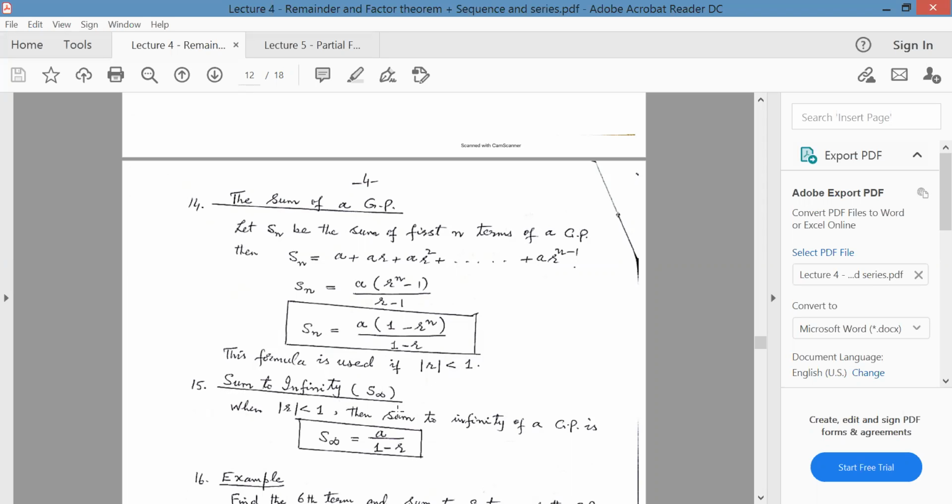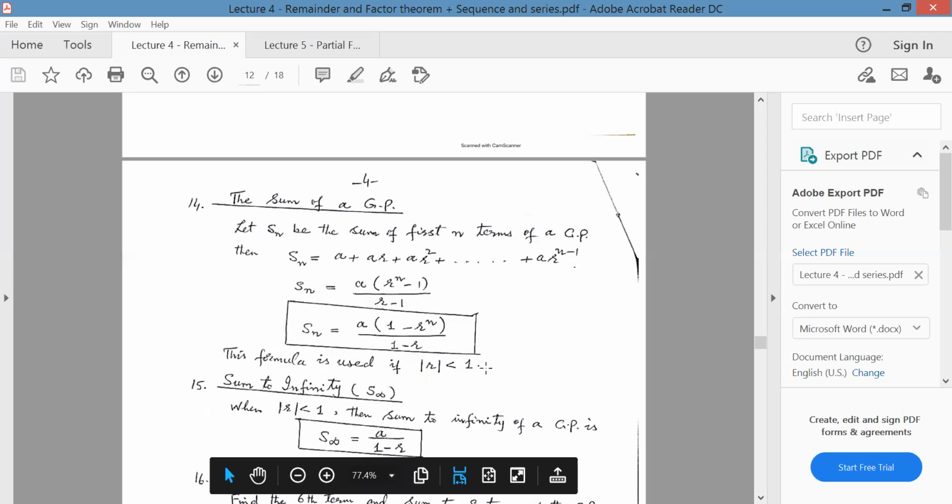Now sum to infinity terms. Look here, I told you r is less than 1.